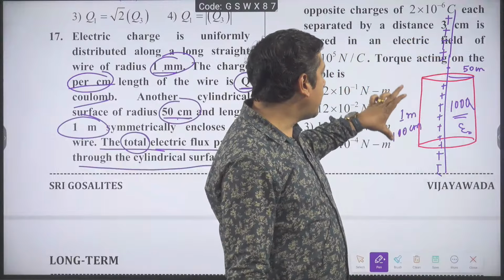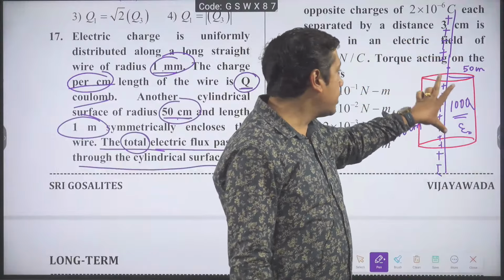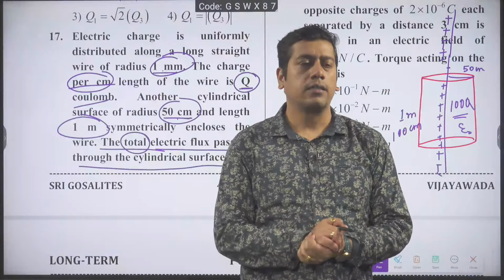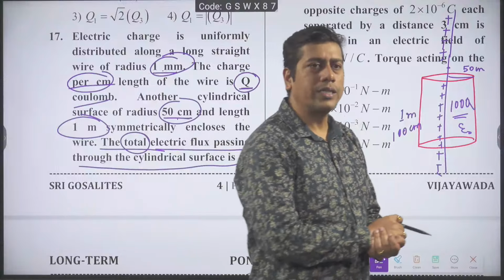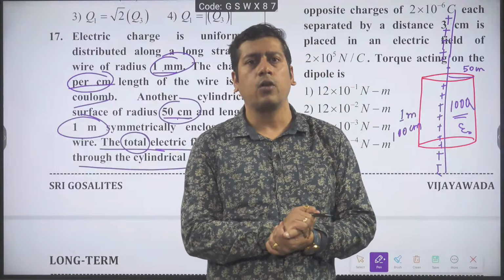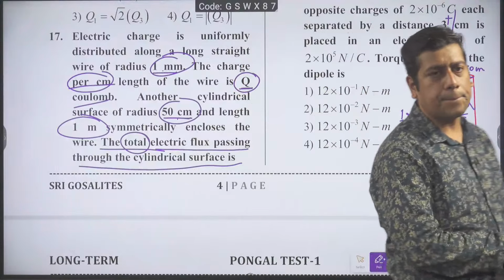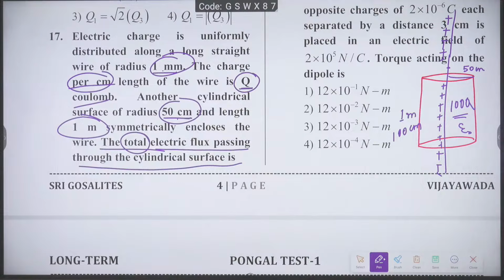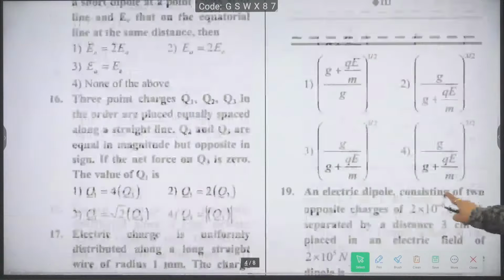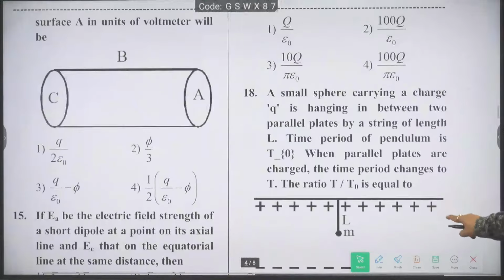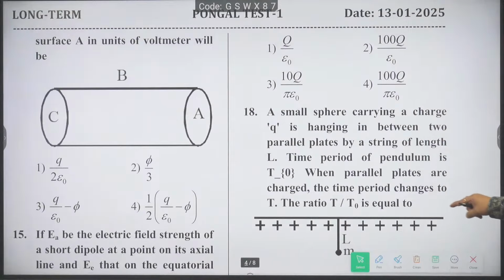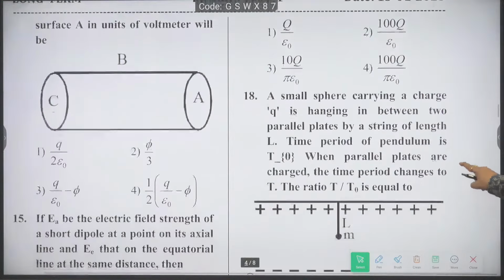Then we are interested in 100 centimeter length. This much of wire will have how much charge? So 100 Q. 1 centimeter Q, so 100 centimeter, 100 Q divided by epsilon naught is the answer. Second option is correct.